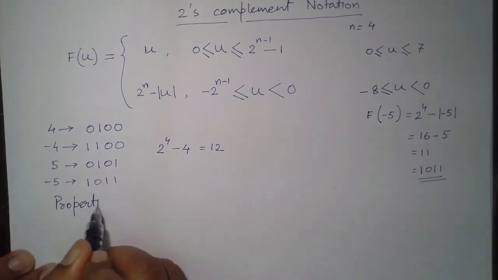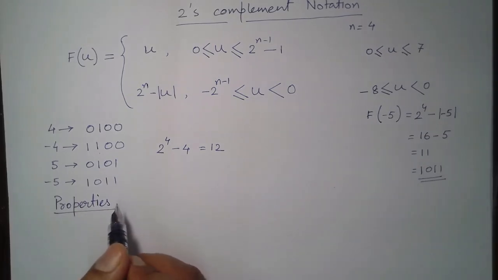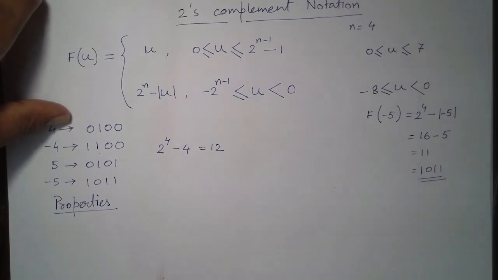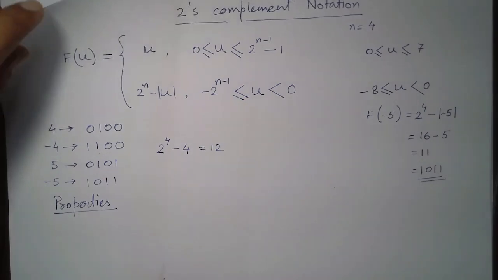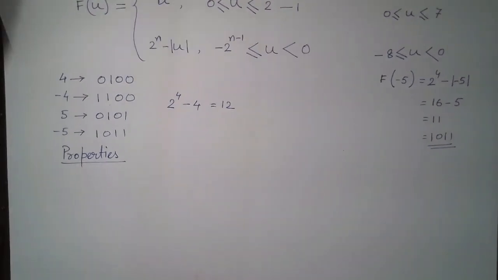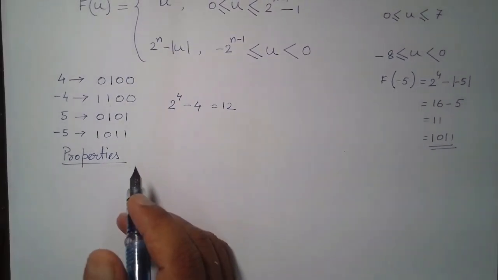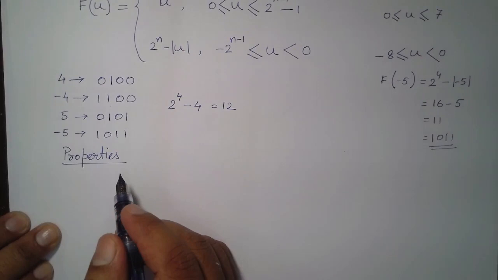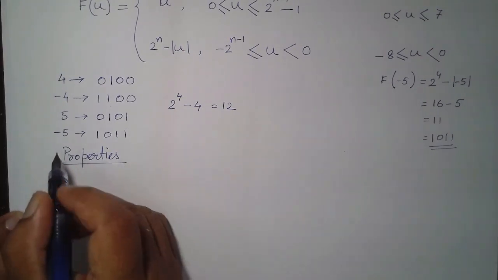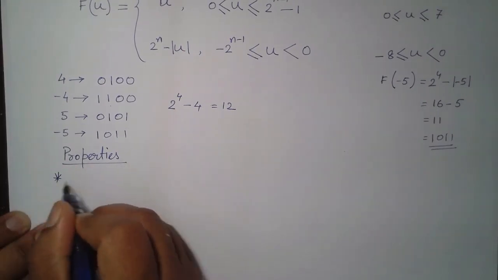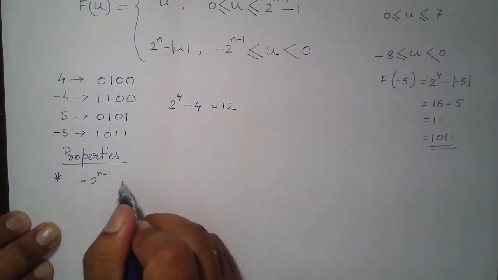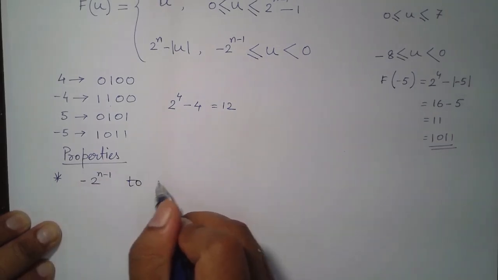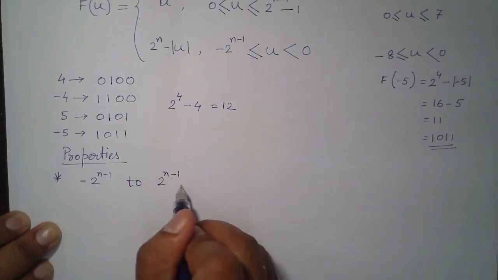So, properties of 2's complement notation. Here you see that the range of numbers which we can represent in this notation is minus 2 to the power n minus 1 to 2 to the power n minus 1, minus 1.